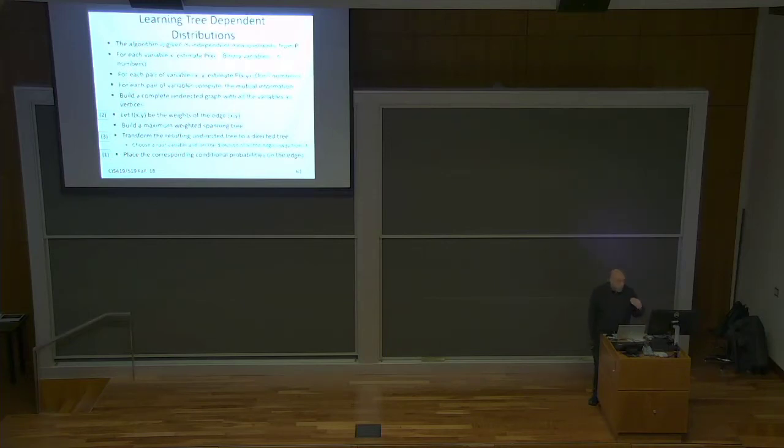Two, I have to show you that using the mutual information as a way to choose the best tree, that's what I did, right? I did spanning tree with mutual information on the edges is the right thing to do. And three is I have to show you that the way I transformed the undirected tree to a directed tree makes sense.